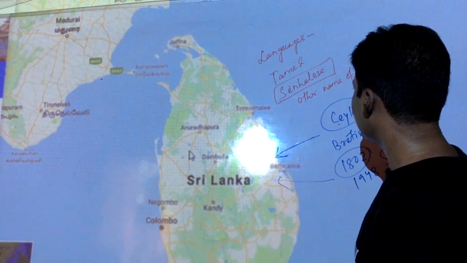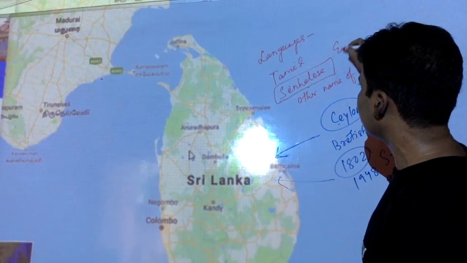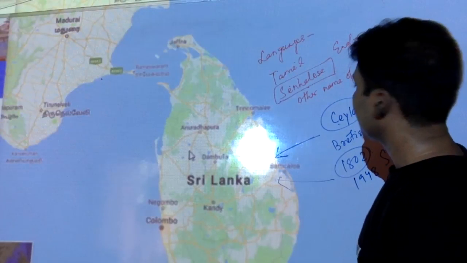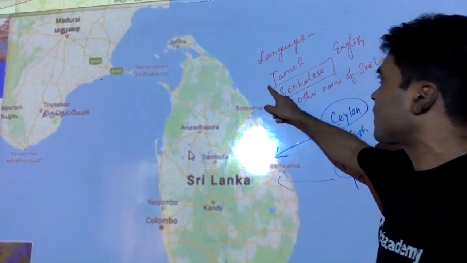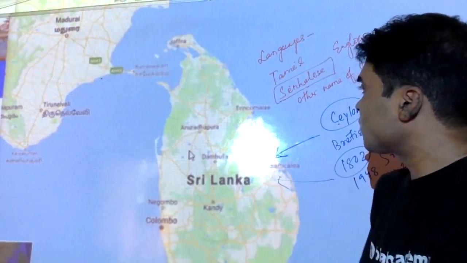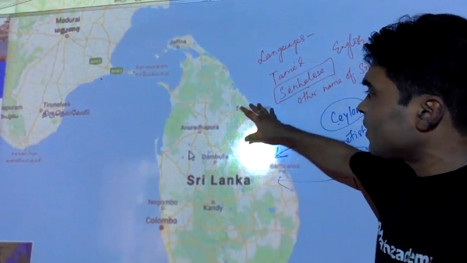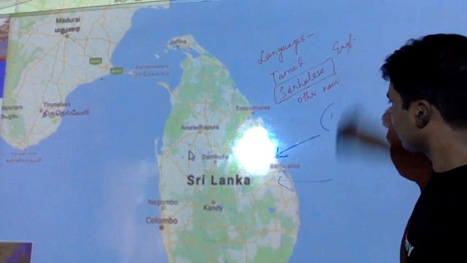Apart from Tamil and Sinhali, English is also spoken, because English is spoken all over the world, but Tamil and Sinhali are the major languages of Sri Lanka. These are the points you have to remember. I hope you got this point clear.